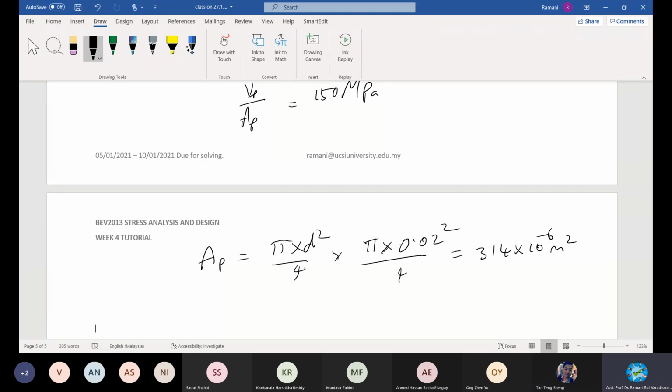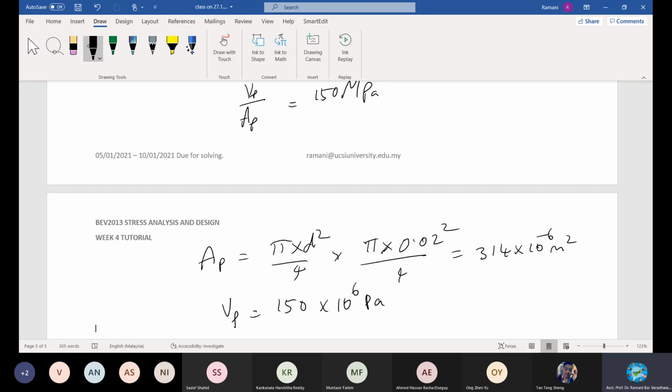Now let's find the load. Conveniently we can find the load. And the load also has to be doubled because double links, double pins, both sides. Right, I got the area. Now I substitute in the formula. My VP is equal to 150 megapascals. I change to pascals, 10 power 6 pascals is convenient for me.